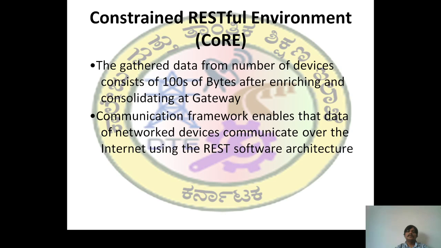IoT devices are M2M devices that communicate between themselves in a local area network. A device typically sends or receives tens of bytes. The data gathered after enriching and consolidating from a number of devices consists of hundreds of bytes. A gateway in the communication framework enables the data of network devices to communicate over the internet using the REST software architecture.